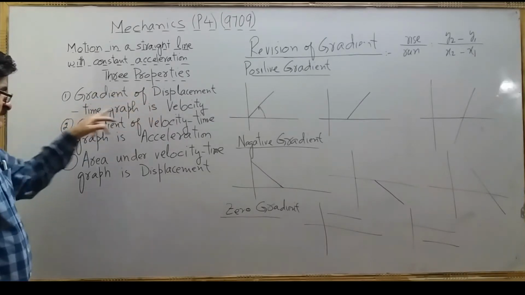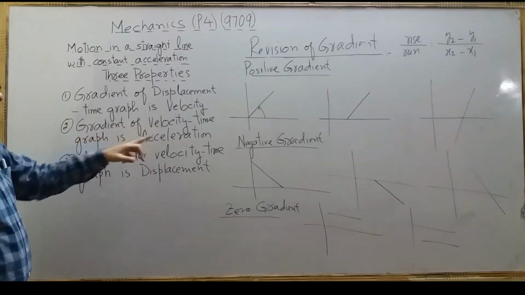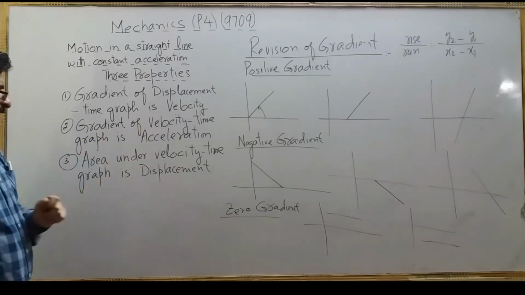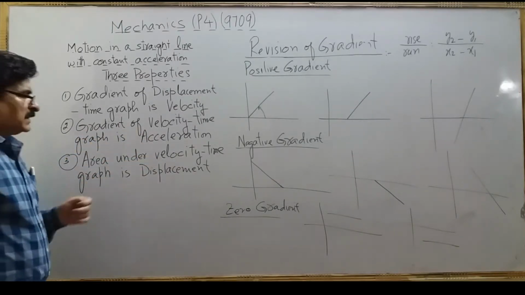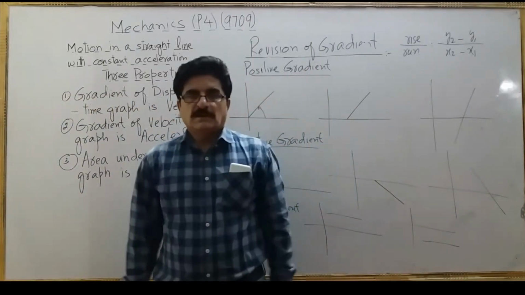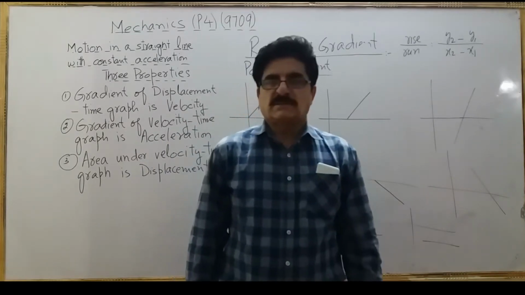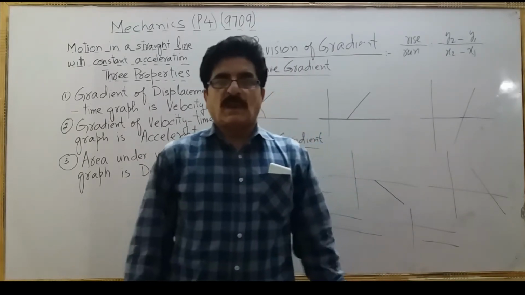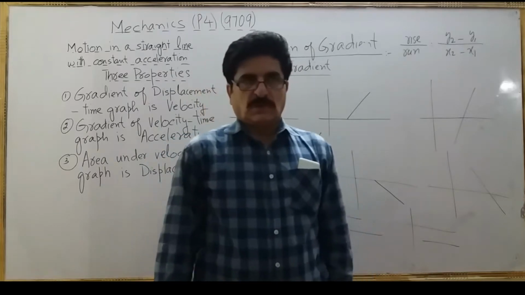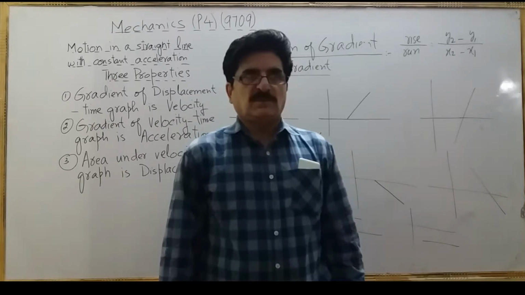Gradient of a velocity time graph is acceleration. Area under a velocity time graph is displacement. You have to learn these properties, otherwise you will be unable to tackle the past paper questions, especially involving graphs.